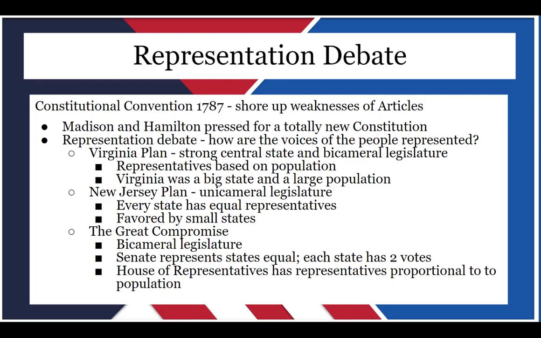We have a Senate and a House of Representatives. So Virginia argued that representatives should be based on population rather than an even number for every state. And this makes sense because Virginia was a big state and had a really large population.